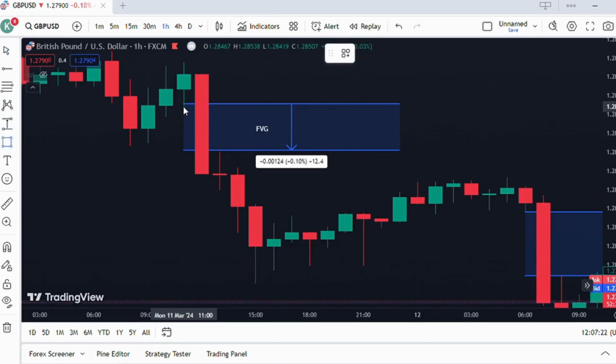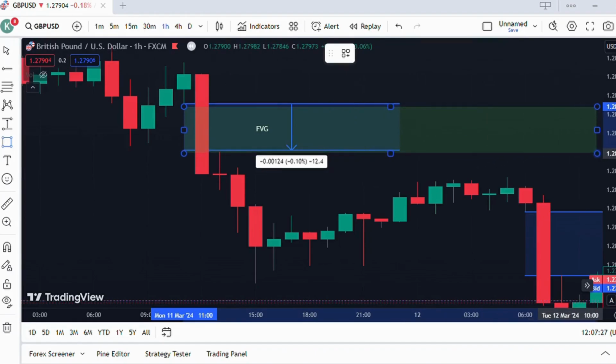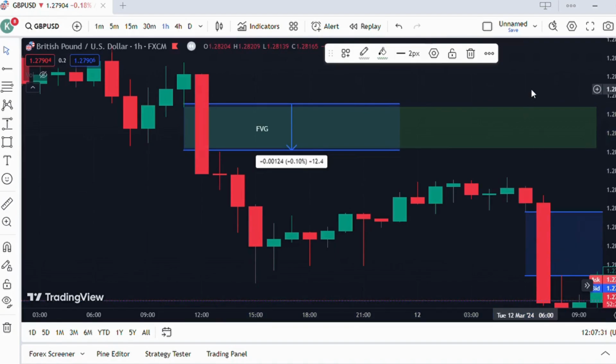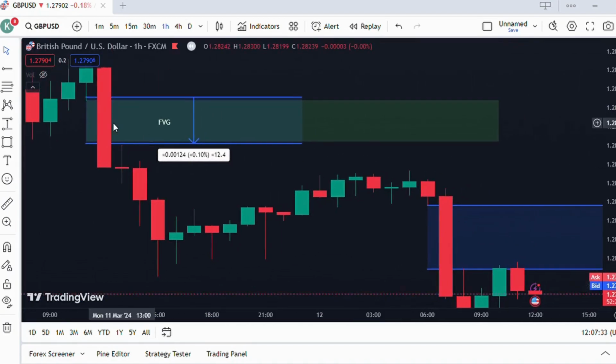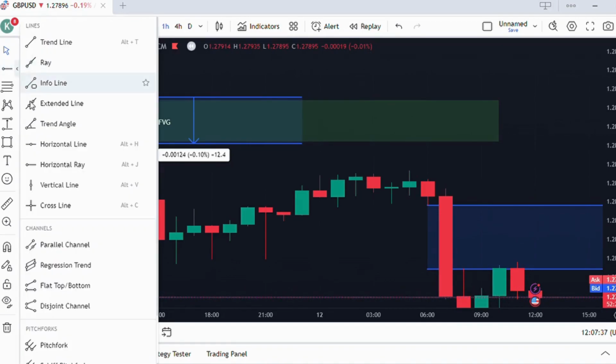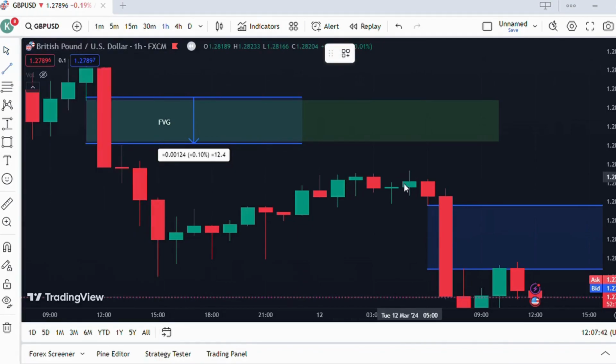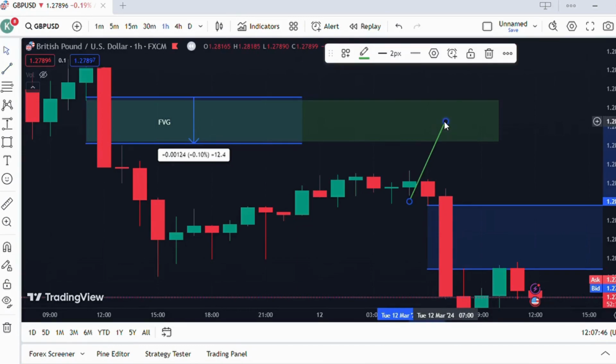Using this region, in this kind of scenario, price will tend to move back to this zone to complete the buy side inefficiency, because there's already a buy side inefficiency.